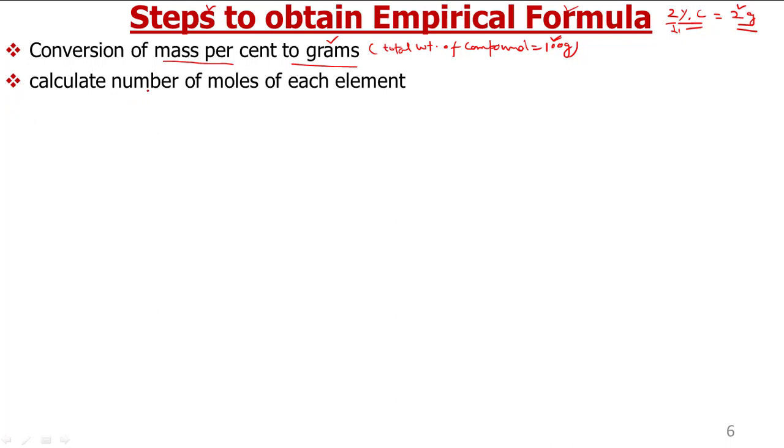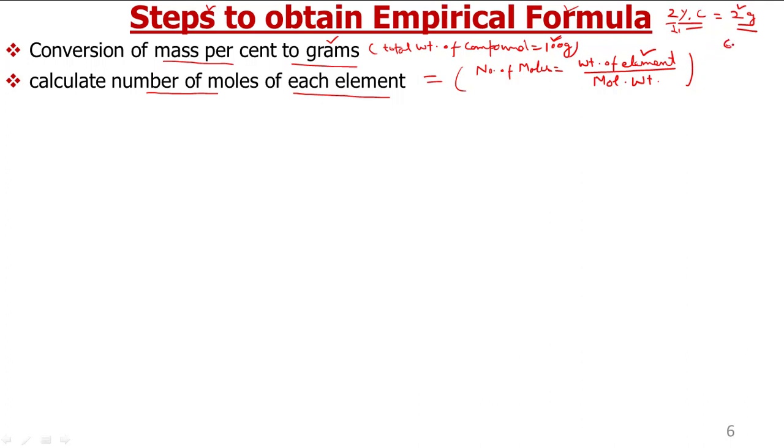Then we have to calculate the number of moles of each element, and we can calculate this by a formula: number of moles is equal to the weight of the element divided by its molecular weight. Let us see it with carbon.